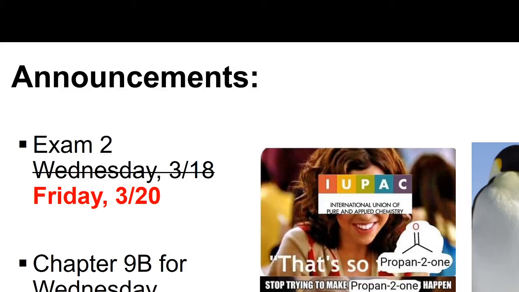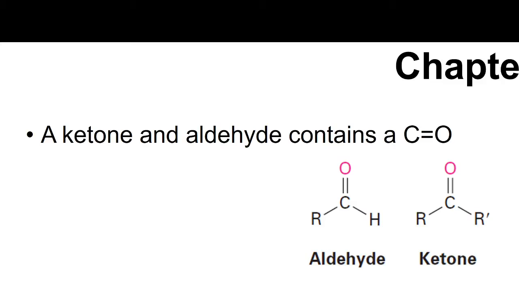So we're going to look at a couple of things here. For the recap, we have ketones and aldehydes, and we've seen those previously. They have carbon double bond oxygen. The aldehyde has the hydrogen here. Ketone has the R and then the R prime, so there's two carbons that are flanking that carbonyl. The properties that we'll see for carbonyls and aldehydes are that they are electrophilic.